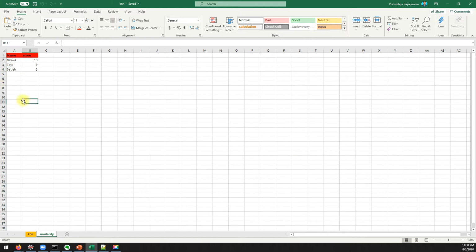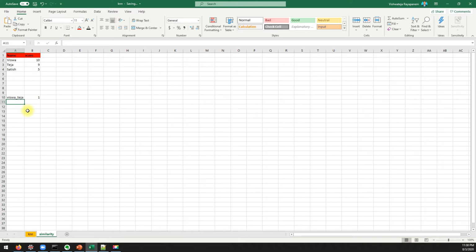Now we'll calculate the distance between Vishwa and Teja. 10 minus 9 would be 1, between Vishwa and Teja. So the distance is 1.